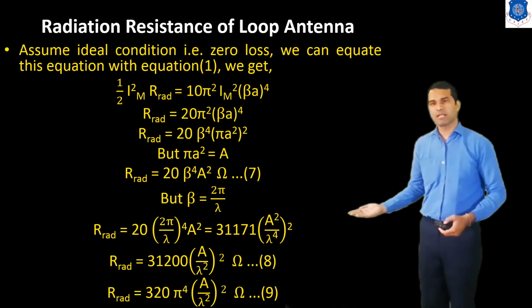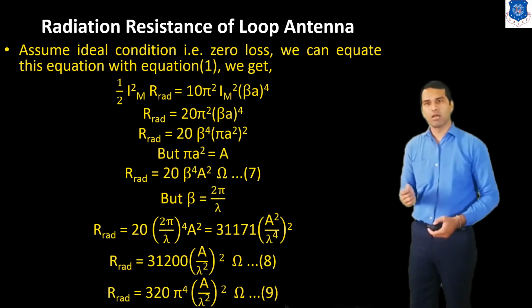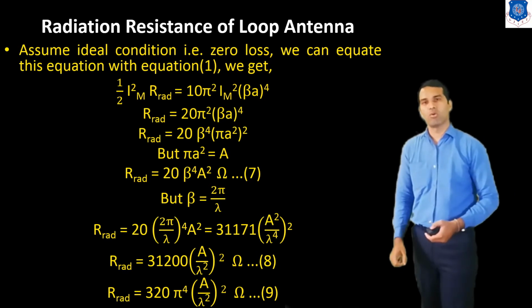And also we can write this term in the pi form as radiation resistance equal to 320 pi raised to 4 (A by lambda square) into whole square.